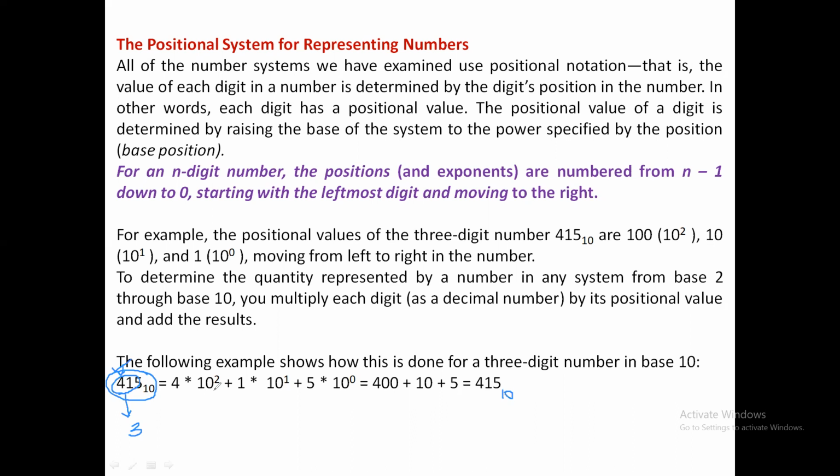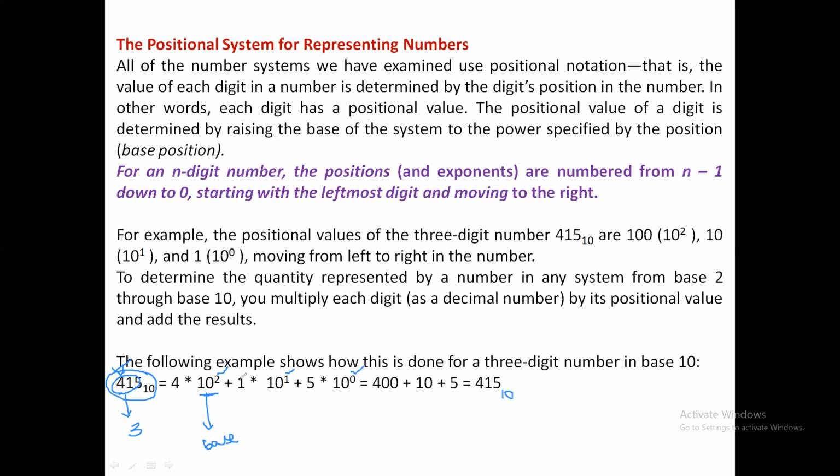The leftmost digit is multiplied with 10 square. 10 is the base, and to the power 2 is the starting value, because the number of digits is 3, so 3 minus 1 you have to start. Then the second digit is 1 into 10 to the power of 1. Again, it is reduced. Here it was 2, now it is 1, and it continues like that until it reaches 0. The third digit is 5 into 10 to the power of 0.